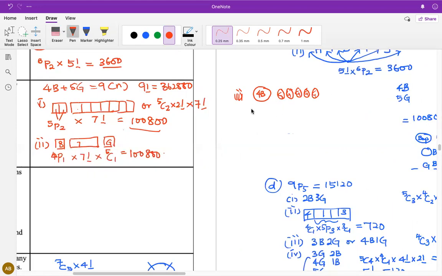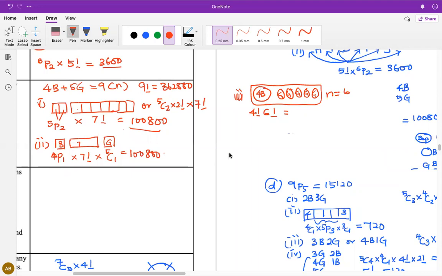Okay. So that means the boys can be arranged 4 factorial ways inside here, and then the total now is n is 6, so it's 4 factorial times 6 factorial. 6 factorial means the 5 girls plus the 4 boys together. So we can arrange them: girl, girl, girl, girl, girl, boys, or girl, girl, girl, boys, girl.